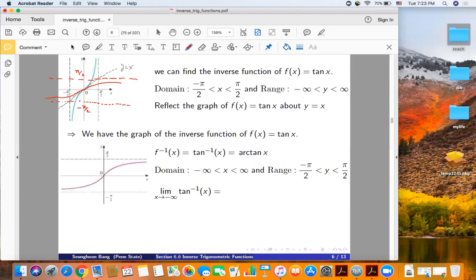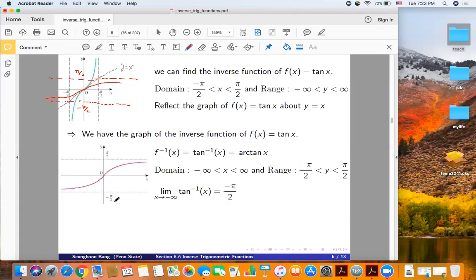What's the limit value? Inverse tangent of x approaches this value here as the x value approaches negative infinity. What is inverse tangent of x? Inverse tangent of x approaches this horizontal asymptote, minus pi over 2.